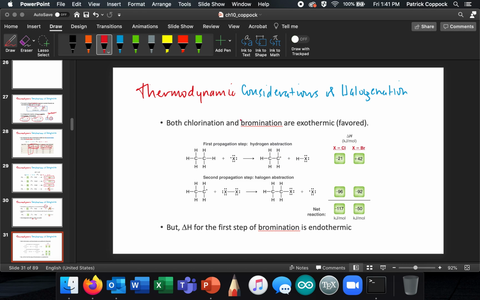It turns out that they're both exothermic in terms of net, right? Look at that. There's the net exothermicity. But the first step, the initiation with bromine, is actually endothermic. So since this first step is endothermic, that means that bromination is going to be a lot slower.